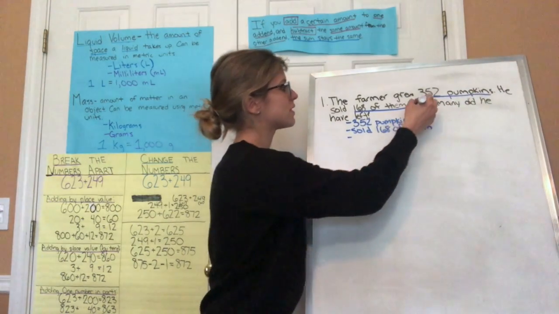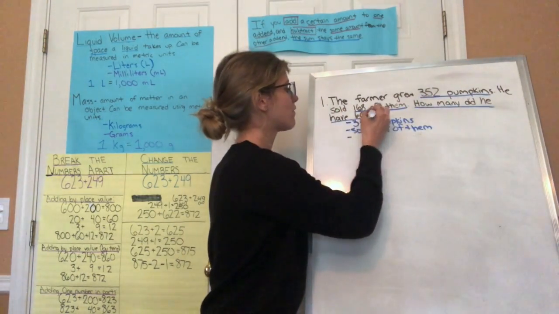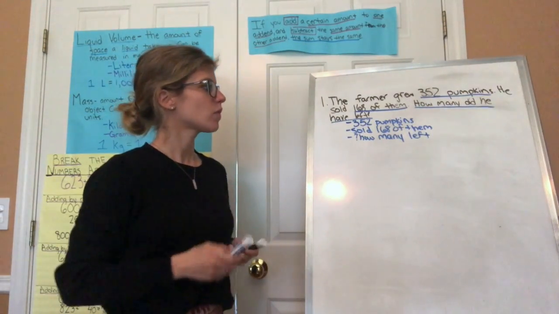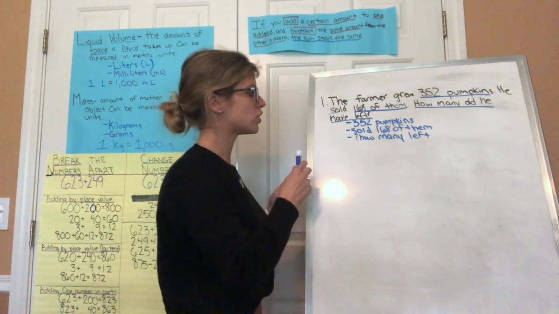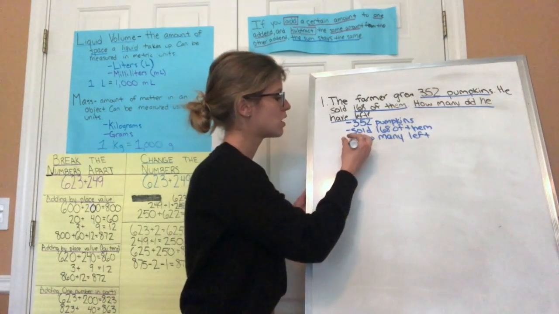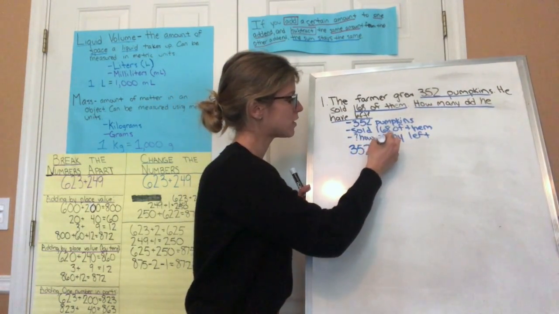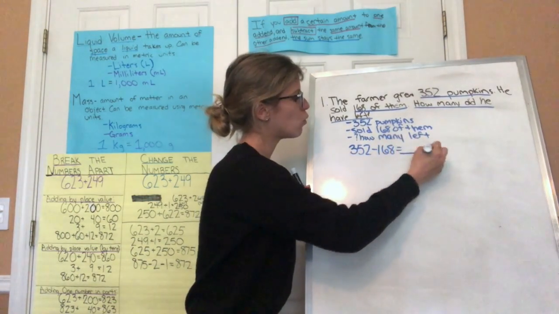And it's asking us, how many did he have left? That's our question. So an equation that I can be using to show this would be 352 minus 168 equals what?